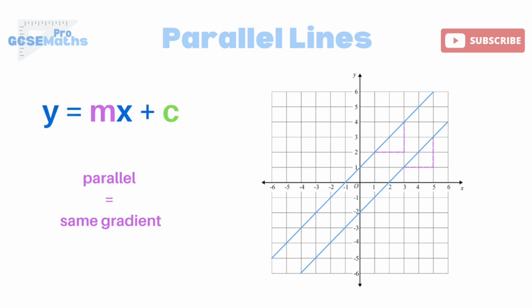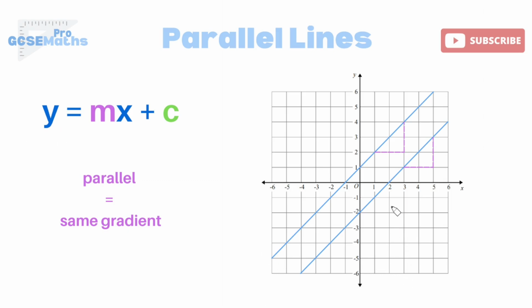Back to how that relates to our equation of straight lines. The key piece of information that you need to remember for GCSE Maths is that if two lines are parallel, it means they have the same gradient. So the number in front of the x has to be exactly the same for both lines, whether they're both positive or both negative, the same number, and also, more importantly, when you've got y as the subject.